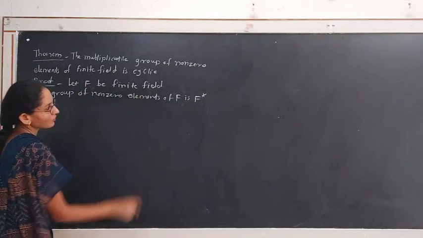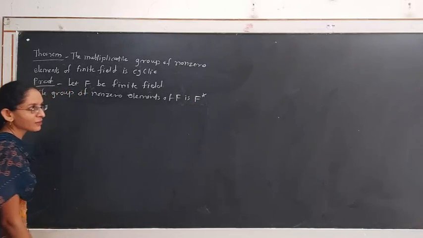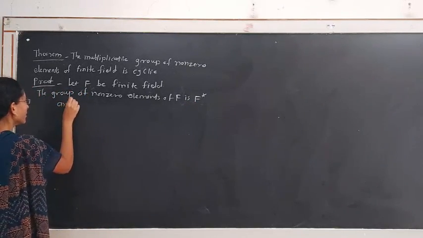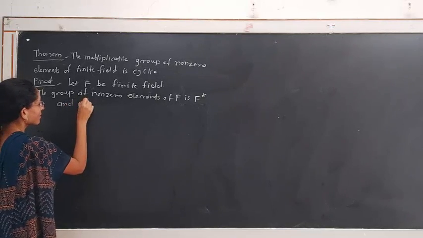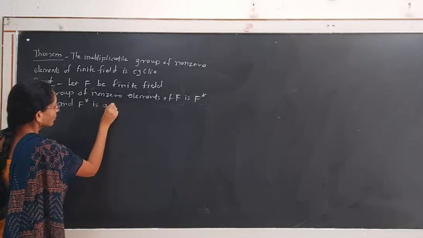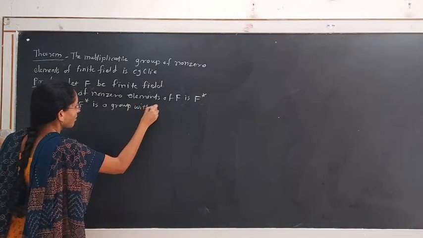As F is a finite field, then the group of non-zero elements of F, that is F star, is also finite, and F star contains m elements. F star is a group with m elements.